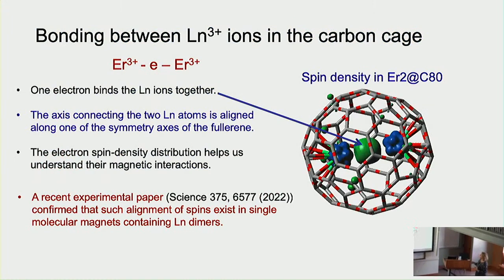And then further investigation of the spin densities showed that these two ions are actually bound together, where this electron is shown in green and the blue is erbium plus 3, and that electron came from some kind of f shell, and the bonding is along one of the axes of fullerene.